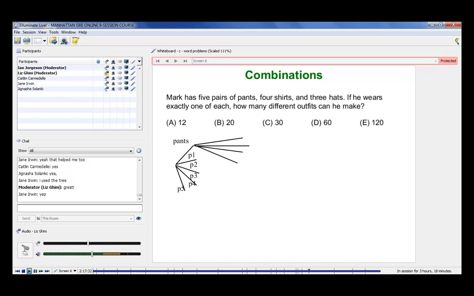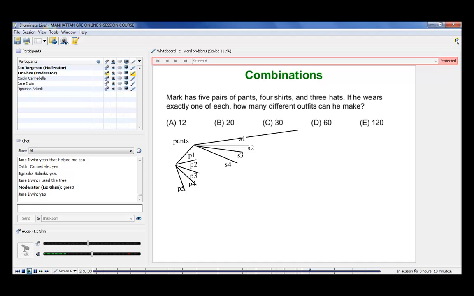Okay, now that's perfect, and that's absolutely how to do it the first time, to see why it works. On his first reach into his drawer, say he reaches into his pants drawer, he's wearing one of each, he has 5 pairs of pants to choose from, so there are 5 options. And then exactly as Jane said with shirts, and I'm going to label some of them, S3, S4, you can see that he has 4 shirts that could go with each pair of pants.